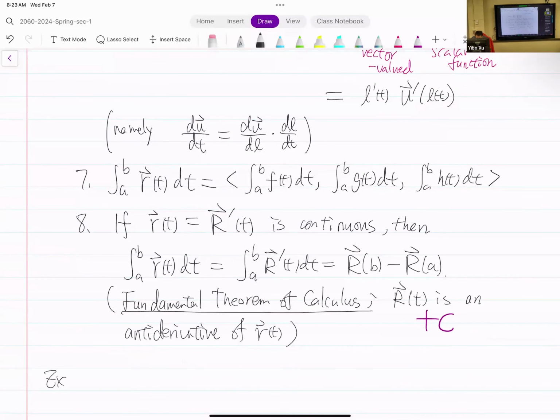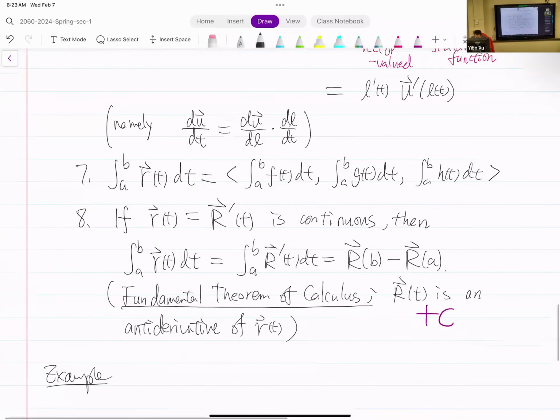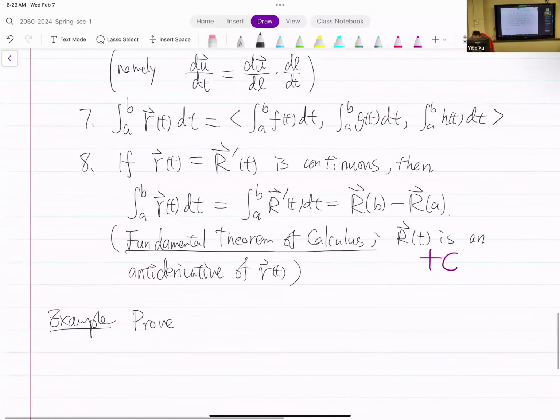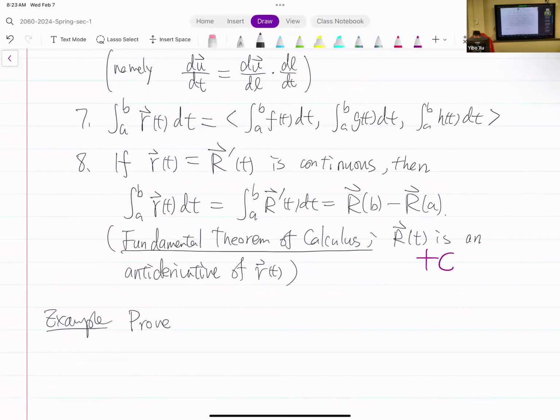Example. Here we have a proof that we're going to give about the unit tangent direction. This kind of proof is not required, but it may help you with some computation, because you will see what's going on.